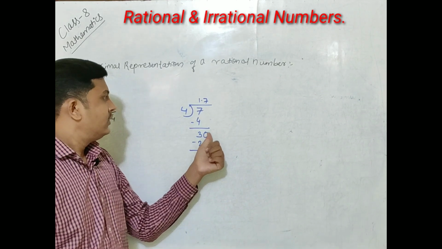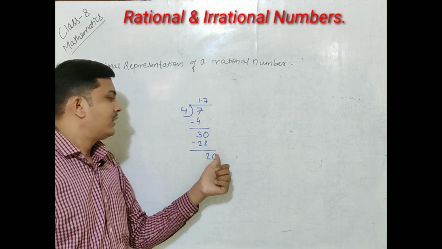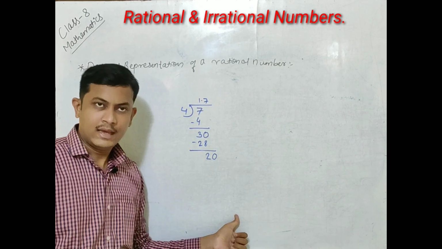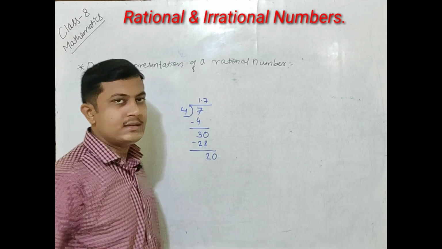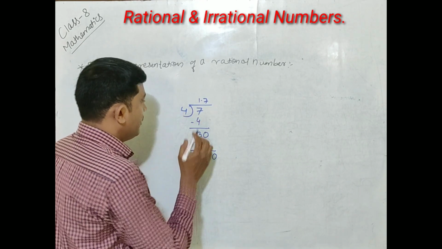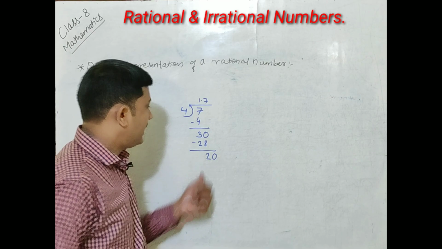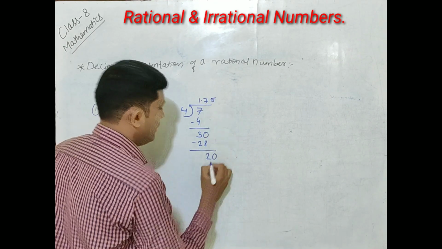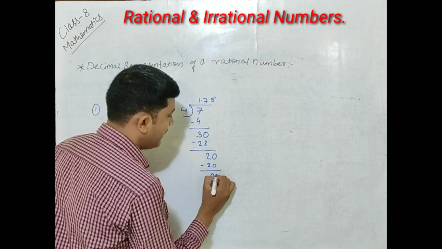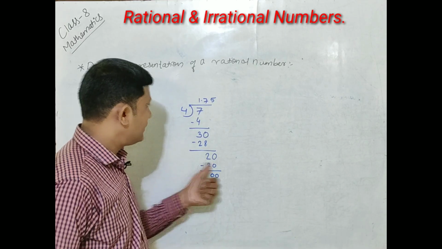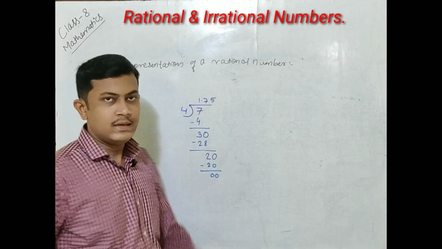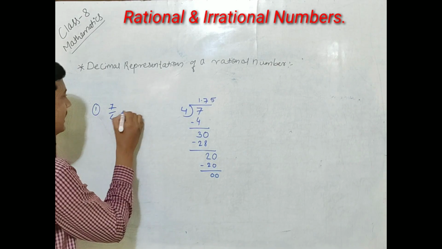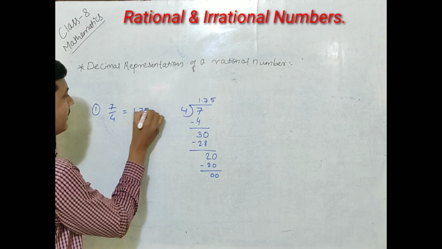Once you have given the decimal point, afterwards you may take zeros any number of times. No need to put the decimal point again. Now, 4 in terms of 20, that is 4 5s are 20. Remainder is what? 0. Here remainder 0 means what? The decimal expansion is terminating. That is equal to 1.75.